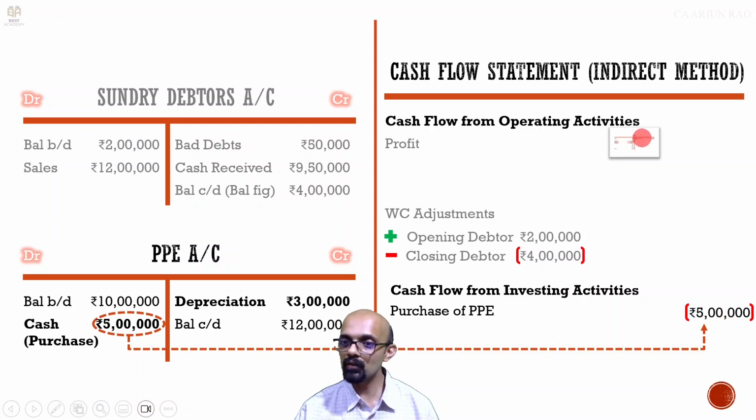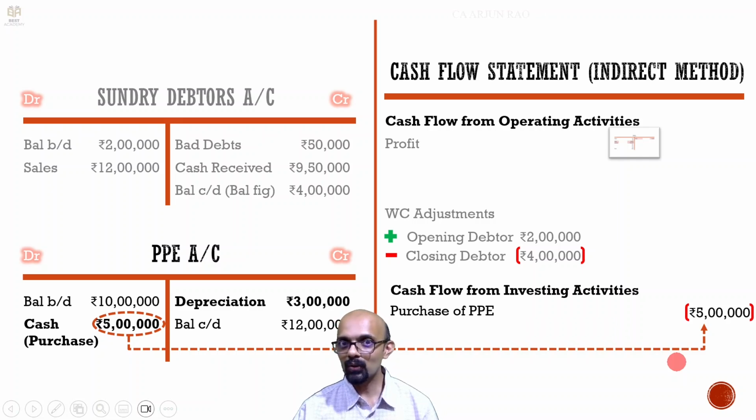This depreciation is already there here, correct? All you needed to do was to adjust this balance. This increase in PP of 2 lakhs, if you write it as a negative value here, minus 3 lakhs is already there here, minus 2 lakhs, then it will tally.